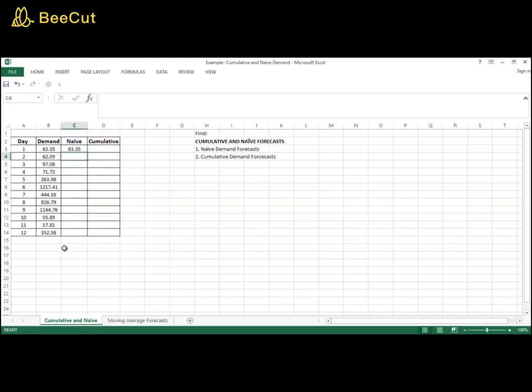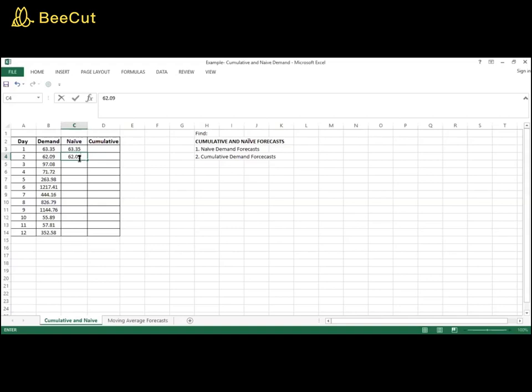Simple. Then let's see what happens the next day. The next day, the actual demand at the end of the day was 62.09. And if you are doing a naive forecast, you will say at the end of day 2 that you expect to be able to sell 62.09 on the following day, and so on and so forth.